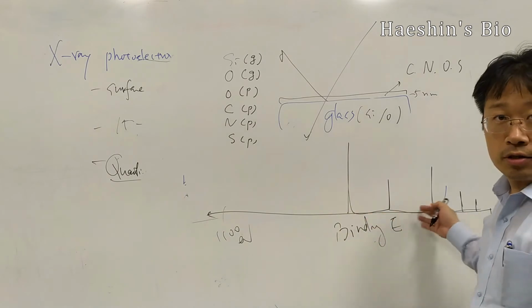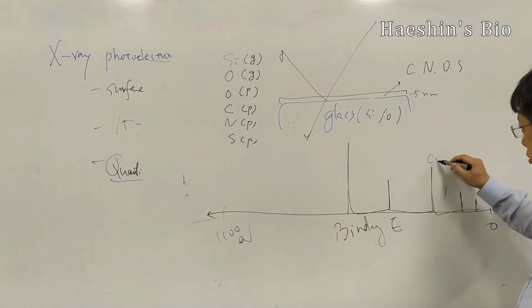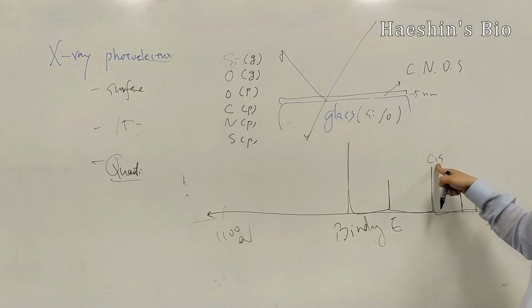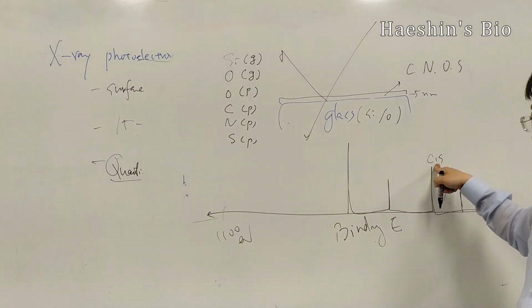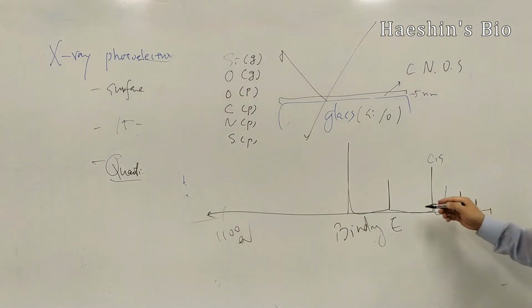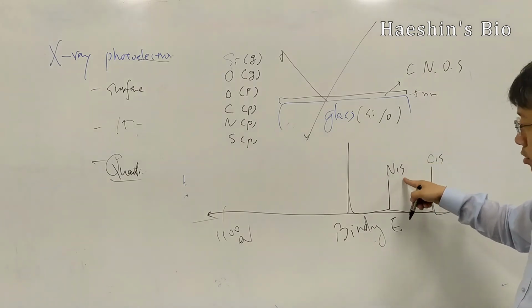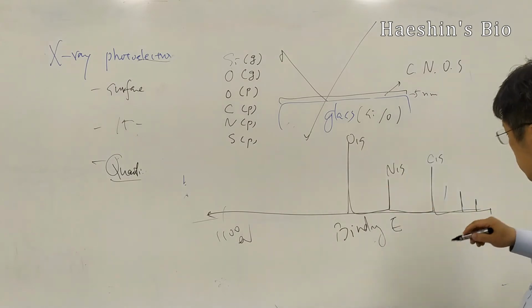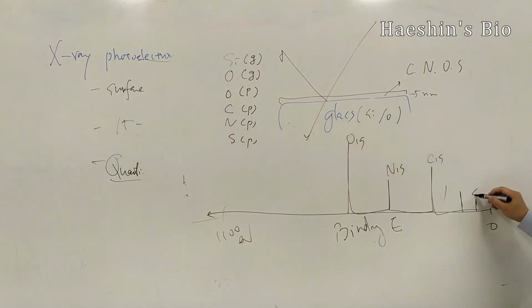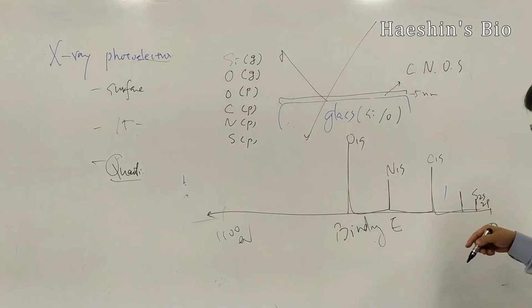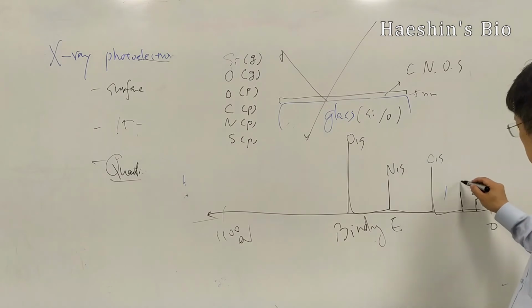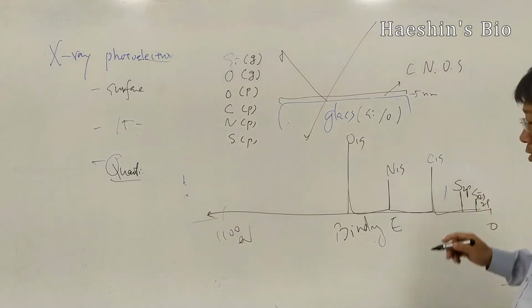Carbon, in this binding energy range, has the 1s orbital that we easily detect. Nitrogen is also 1s. Oxygen is also 1s. Silicon is 2s and also 2p, and you can have a separate peak. Sulfur, I'm sorry, S is generally 2p.